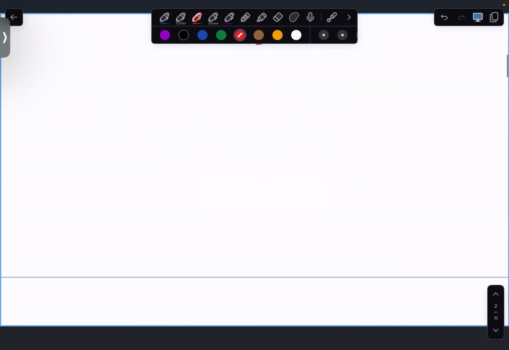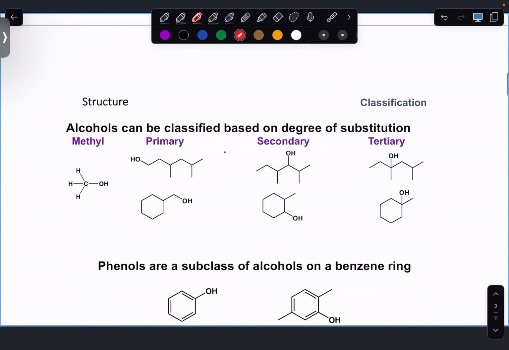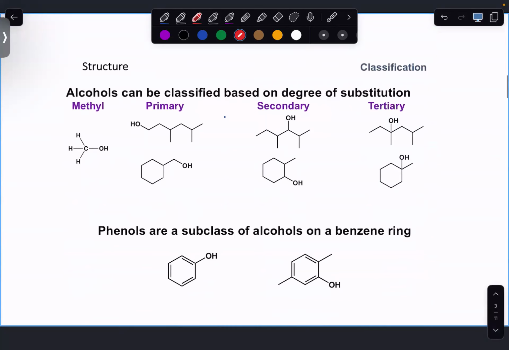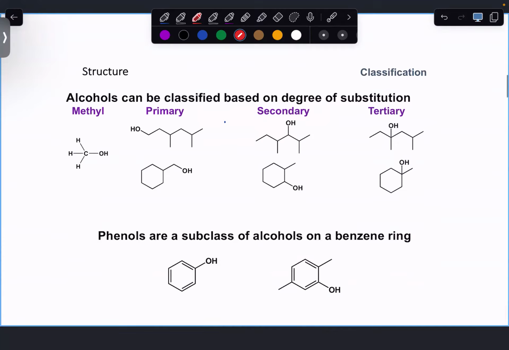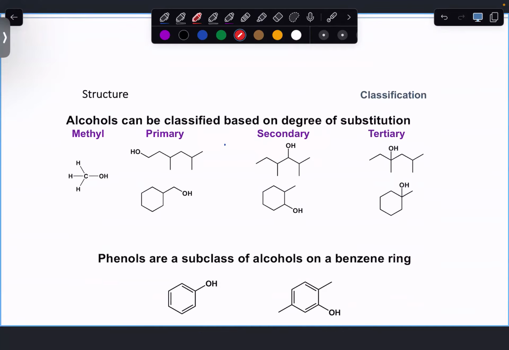Okay, so let's go ahead and I want to talk to you a little bit about how alcohols are classified. All right. So we're going to use, we've seen this over and over again, this kind of primary, secondary, tertiary style of classifying.